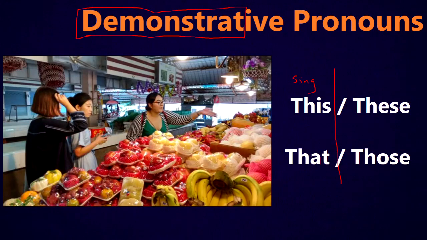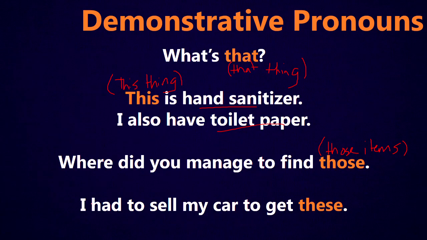So if we look back here, these and those, these are plural. So this is singular, these is plural. That is singular, those is plural. So I can say, where did you manage to find those? I had to sell my car to get these.